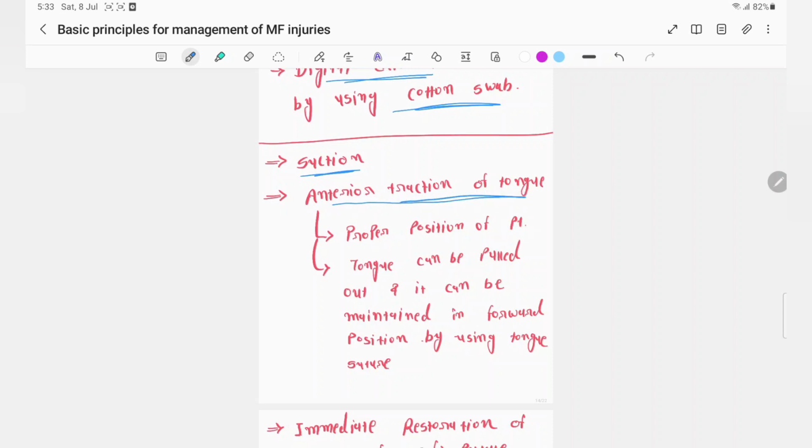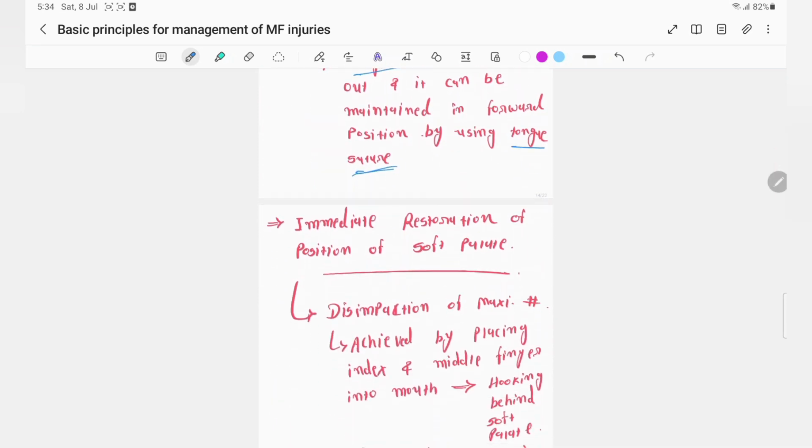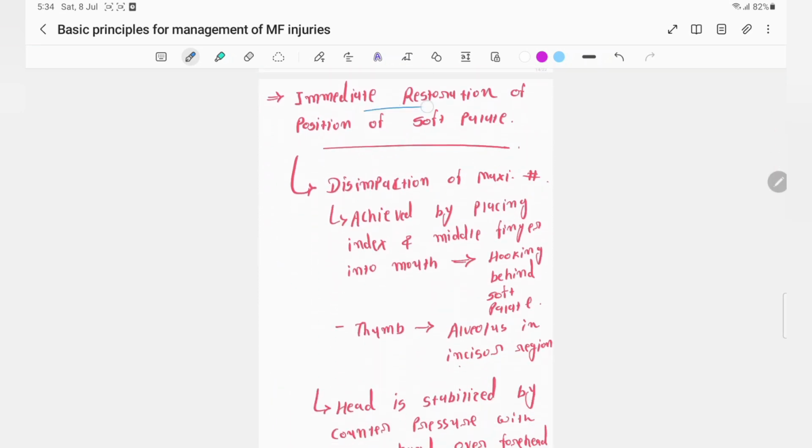Okay, so to provide anterior traction to the tongue, to hold it in a proper position, this can be achieved by pulling the tongue. We have to first give the proper position of the patient, and now we have to pull the tongue. Okay, so pulling the tongue outwards and securing it with a suture. Okay, tongue suture. Now immediate restoration of position of soft palate.